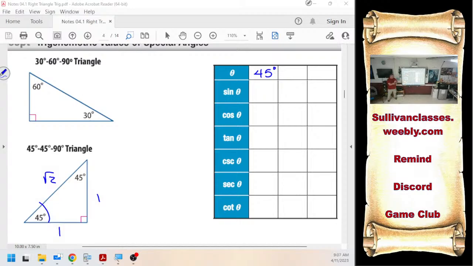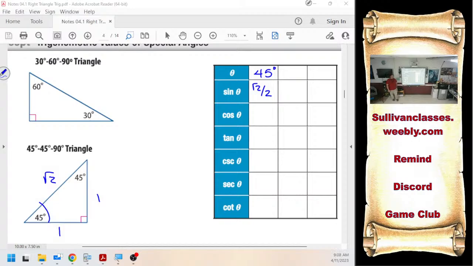From 45 degrees, sine is what over what? Opposite over hypotenuse. Square root of 2 over 2. Go again, cosine.